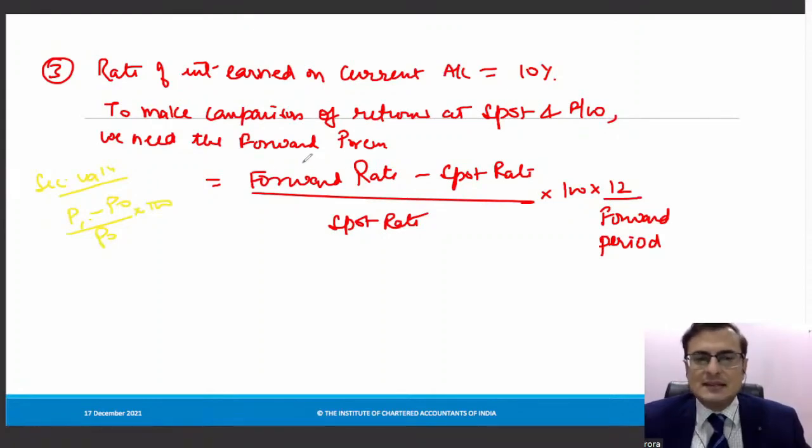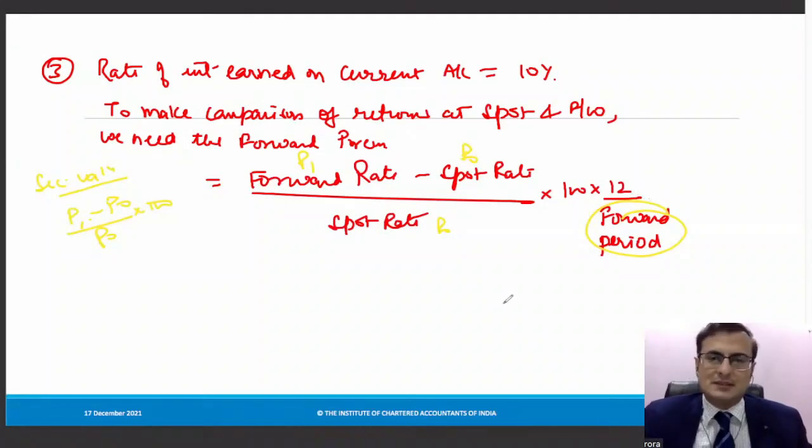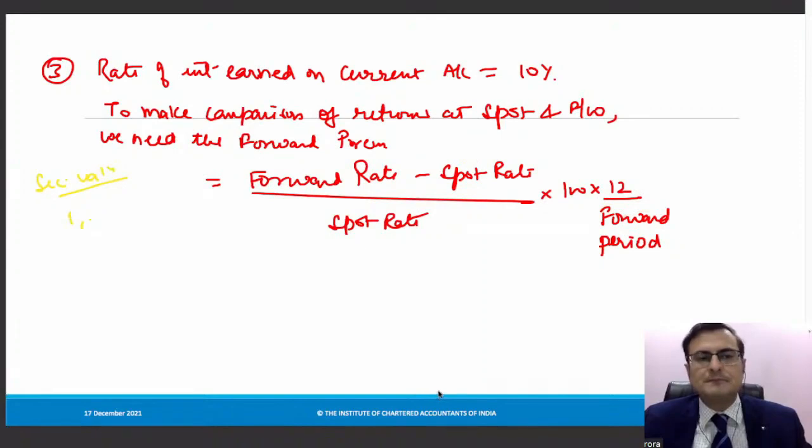Same thing is there. This is P1, this is P0, this is 100, and this is adjusted per month. The value you will get is for 2 months, you have to do it for 12. Clear, everyone? So no new concept is there in this. Clear?